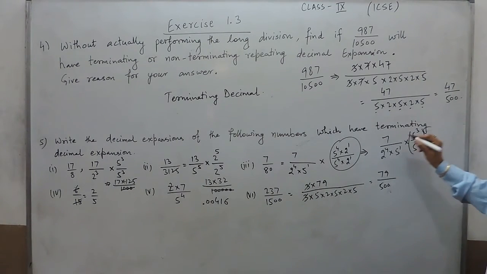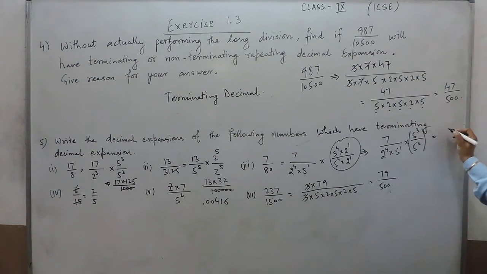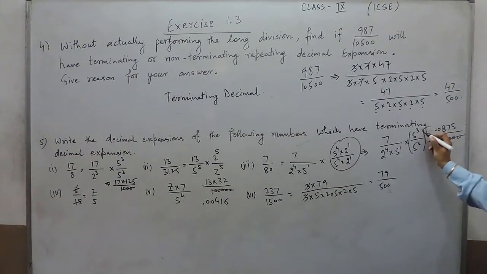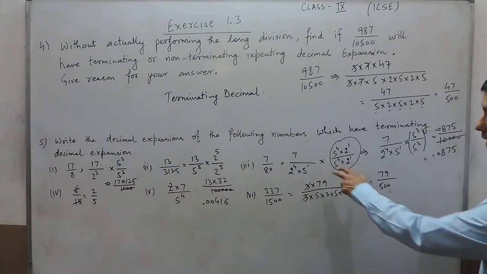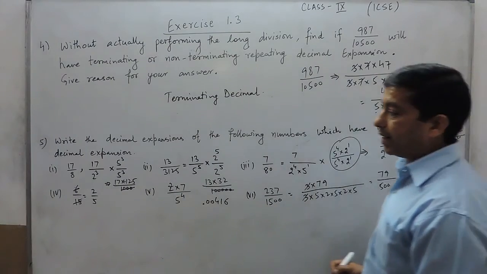So this will come out to be 7 into 125, which is 875, upon 1 with 4 zeros. If we cancel the 4 zeros, we put a decimal place, so it is 0.0875. That is the correct answer for 7 upon 80.